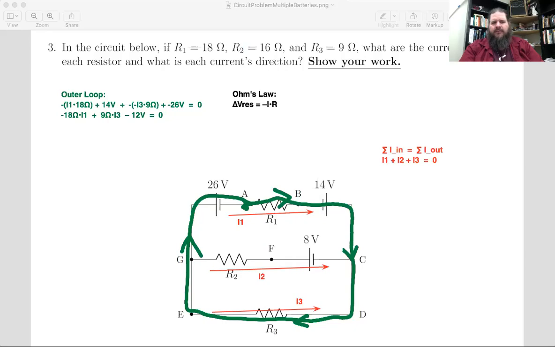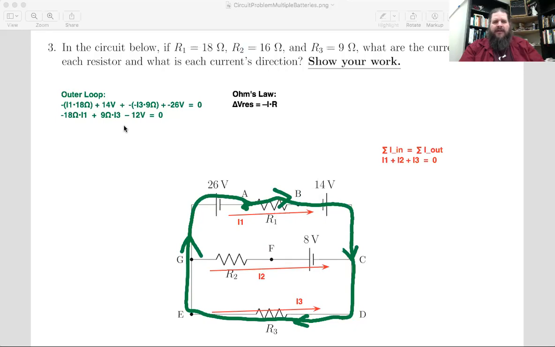In general, what units should we expect I1 and I3 to be? In amps. And if you multiply amps times ohms, what would you get? Voltage. Yeah, that's going to be volts. So it looks like everything's going to work out to volts here anyway. We don't need to worry about any fancy unit conversions.